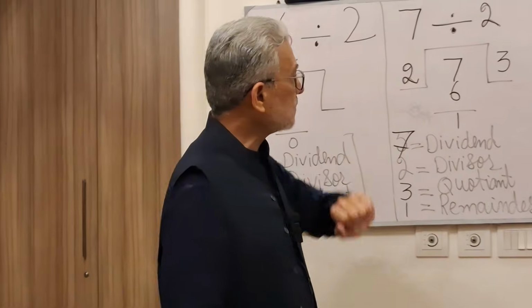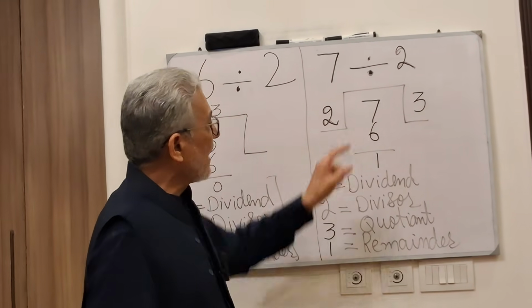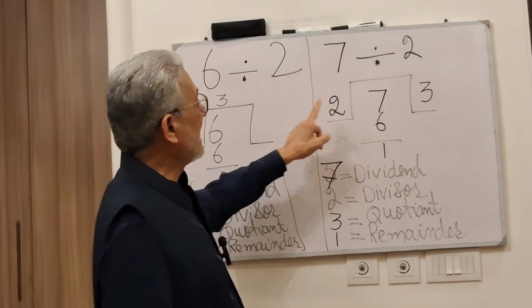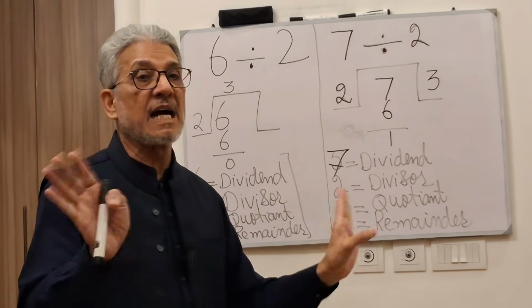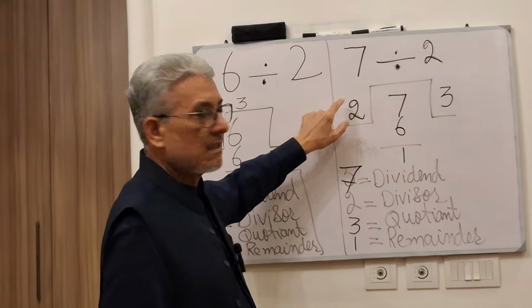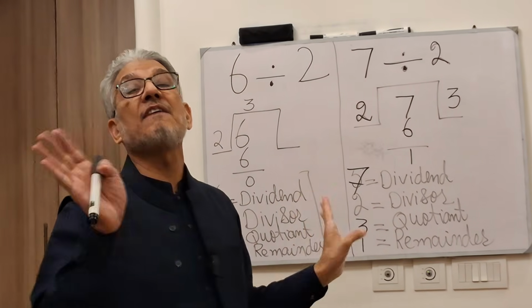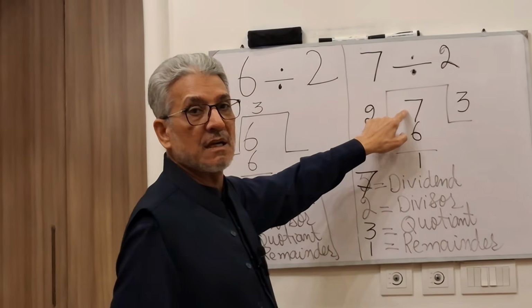Now come here. Here remainder is 1. When you divide a number with another number and you get a remainder, the remainder is not 0. That number which divides this number is not a factor of this number. 2 is not factor of this number.